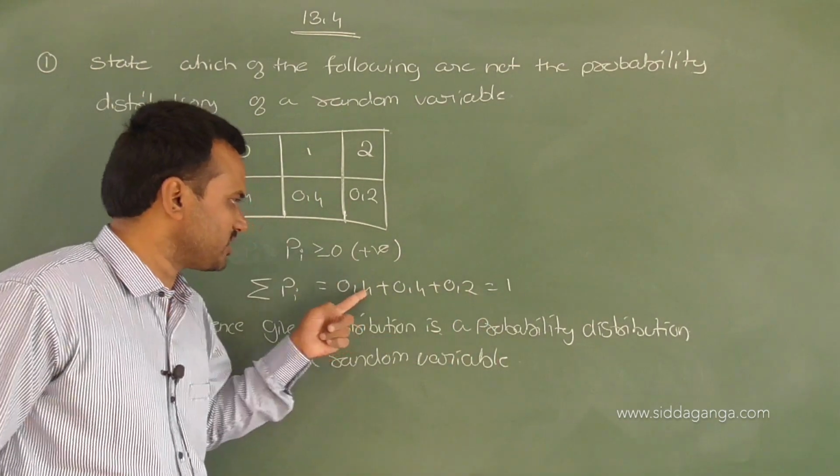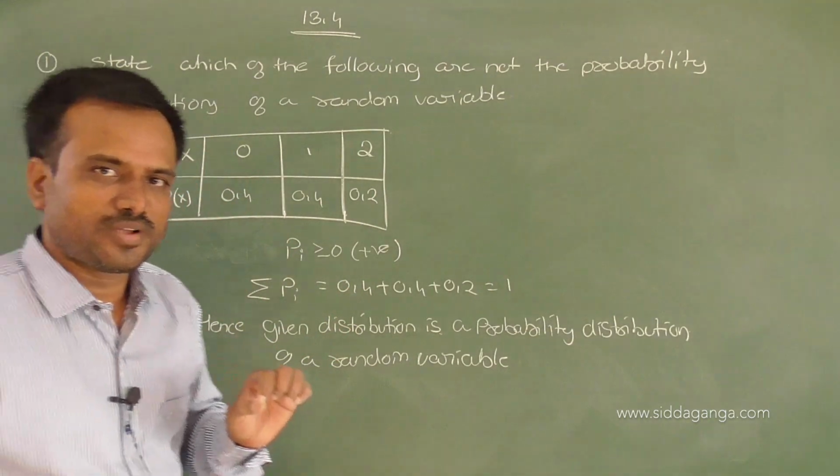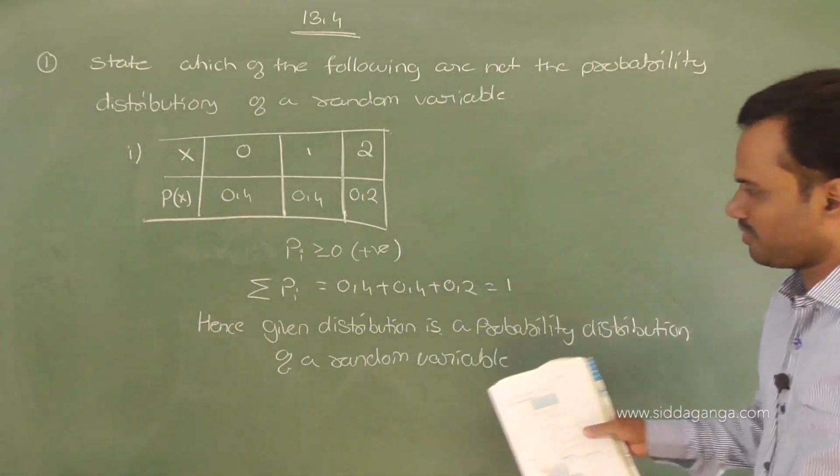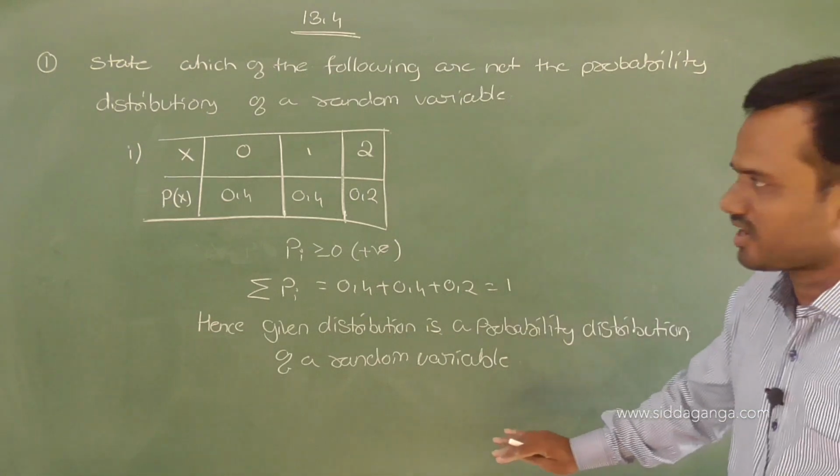If these two conditions satisfy, the given distribution is a probability distribution of a random variable.